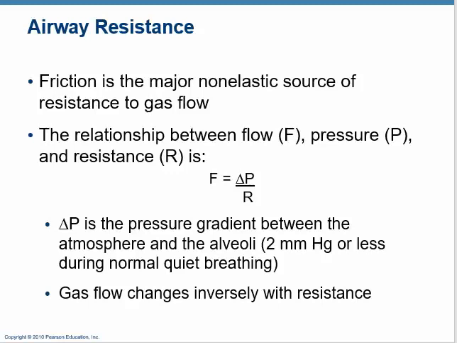Current equals voltage over resistance. Current is really the flow of electrons. Voltage is the delta P, the pressure change, and resistance is resistance in the wire. So flow is directly proportional to pressure changes, and inversely proportional to resistance.